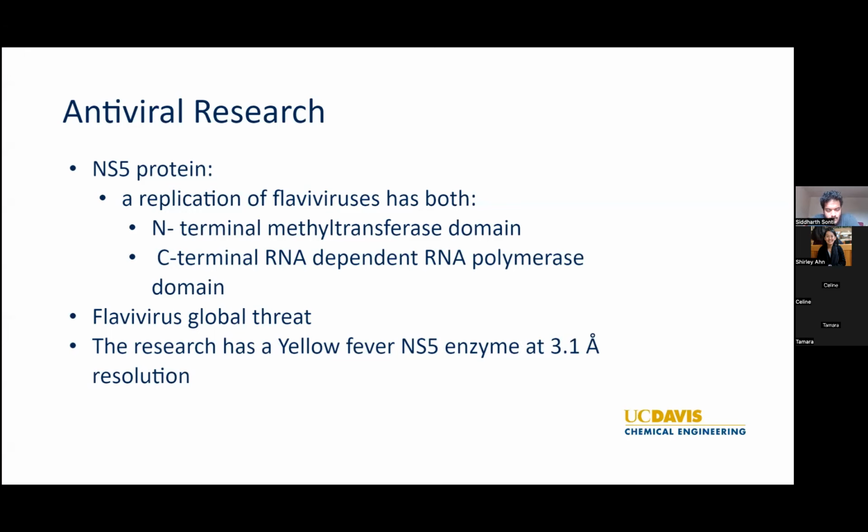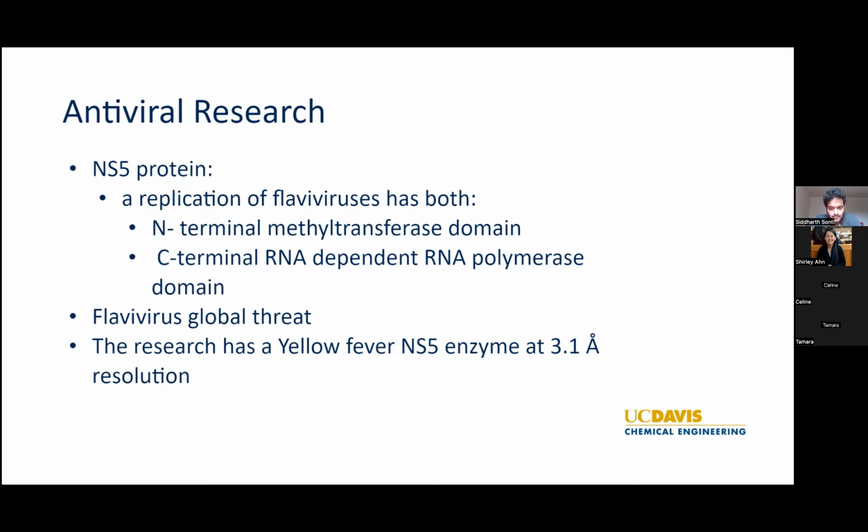Since they're both combined, I have to account for that. The research document had the yellow fever NS5 enzyme at 3.1 Angstrom resolution. That would reveal a right-hand fold, a viral polymerase, and highlight the conservation of the region of the yellow fever virus, which would help structure the aid for drug design.